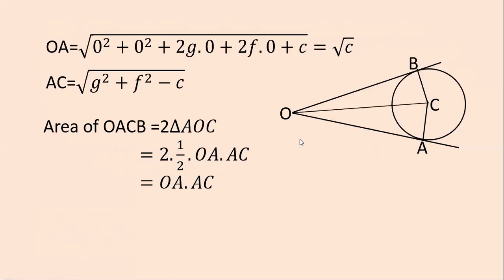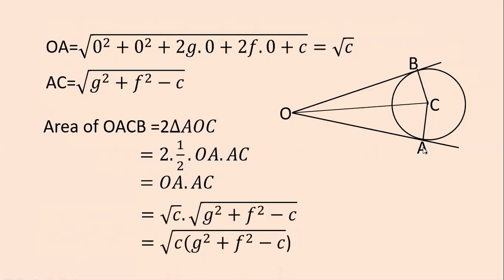So OA is equal to root over c and CA is equal to root over g square plus f square minus c. After taking this c inside the square root, we get this answer. So this is the area of OACB.